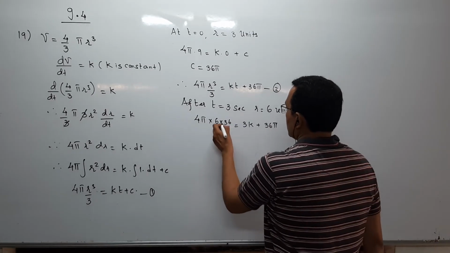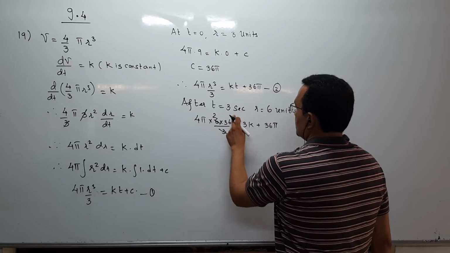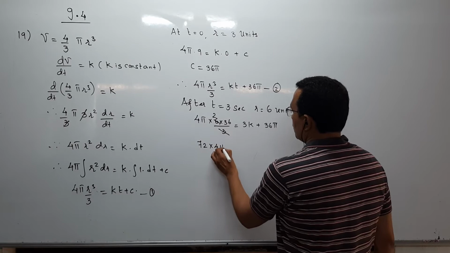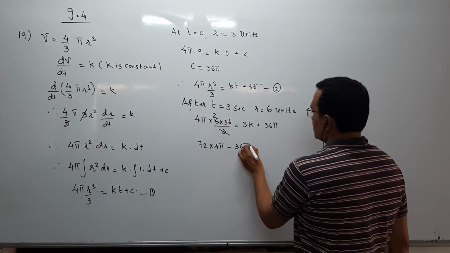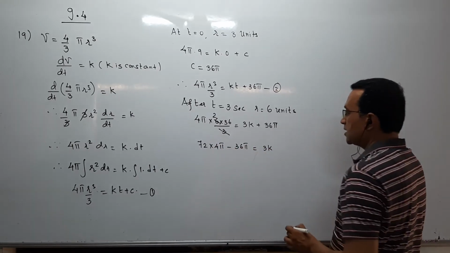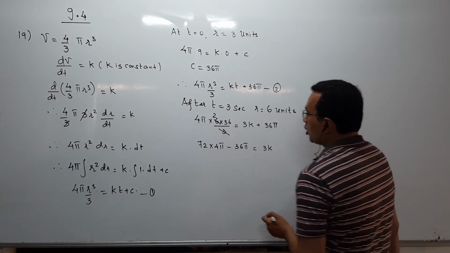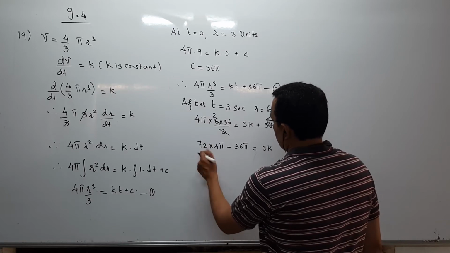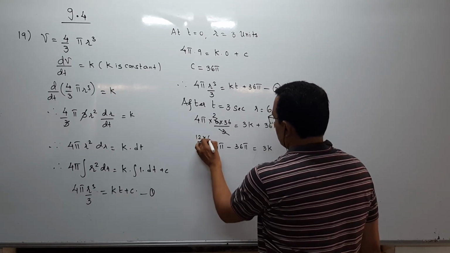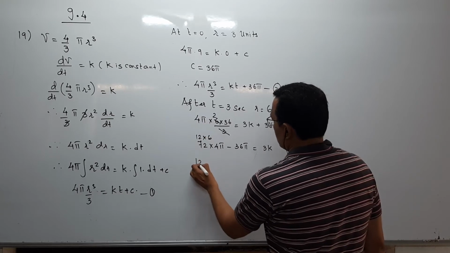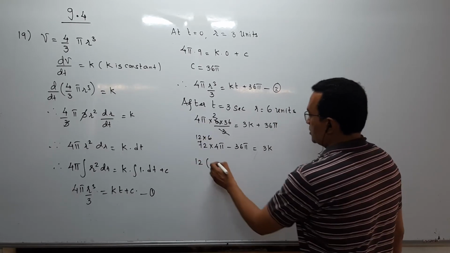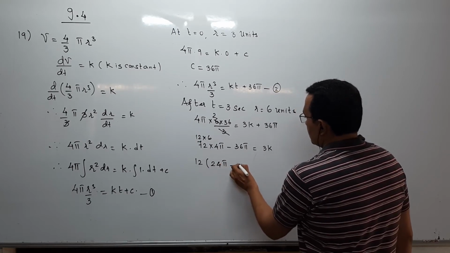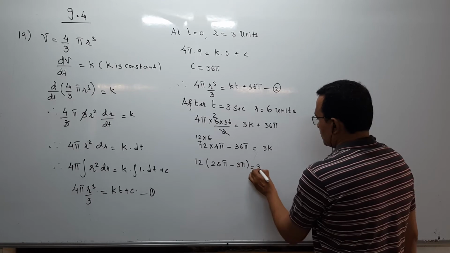We can write 72 into 4 pi minus 36 pi is equal to 3k. Taking 12 pi common, this is 24 pi minus 3 pi is equal to 3k.